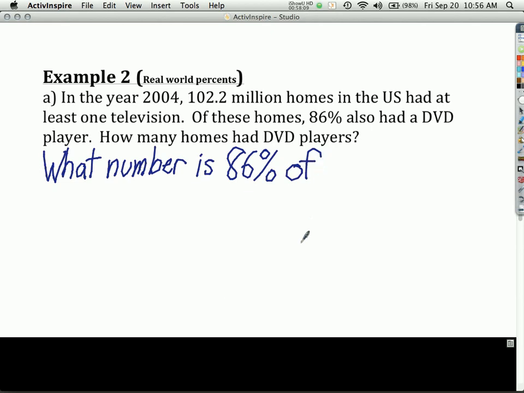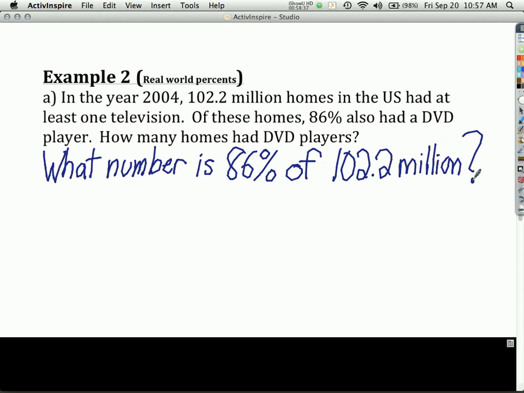What comes after that? What number is 86% of? John? 102.2 million. And we have successfully interpreted this entire scenario and condensed it into one simple question.